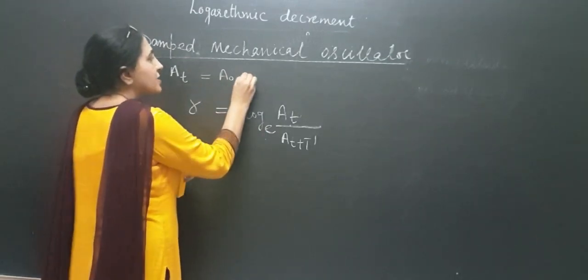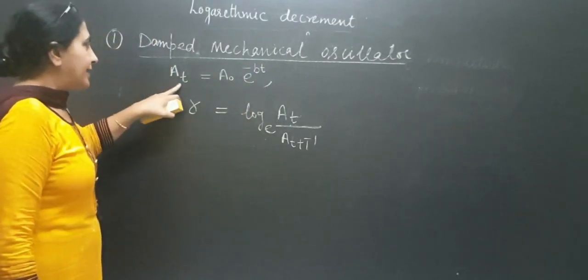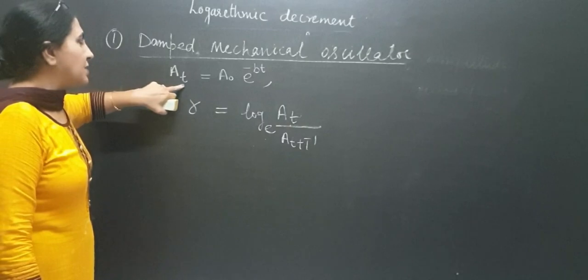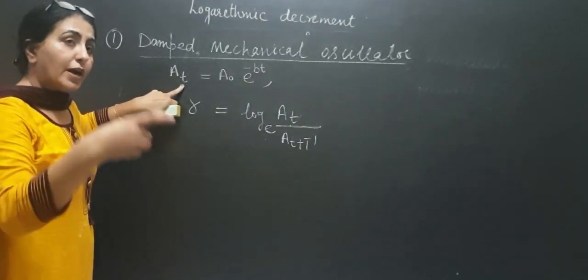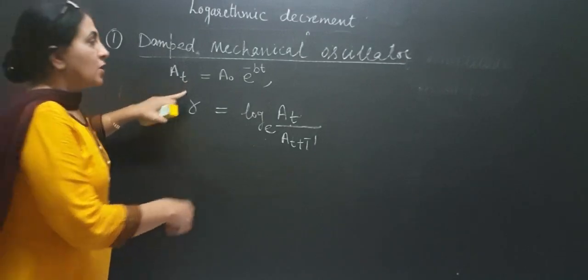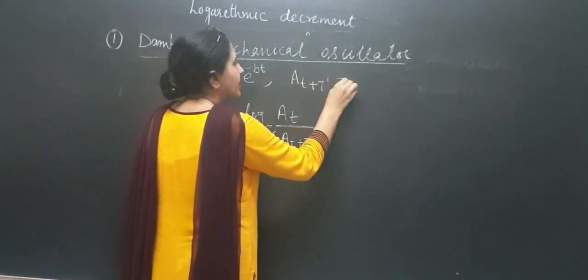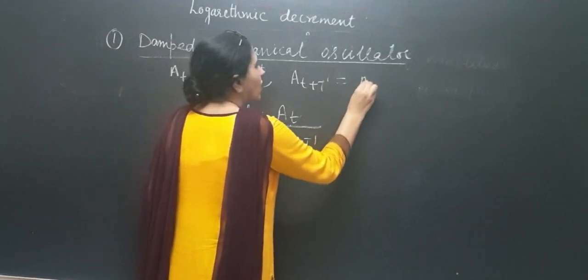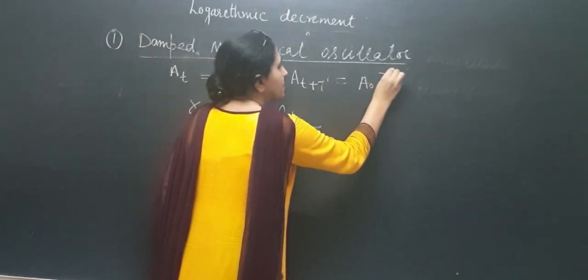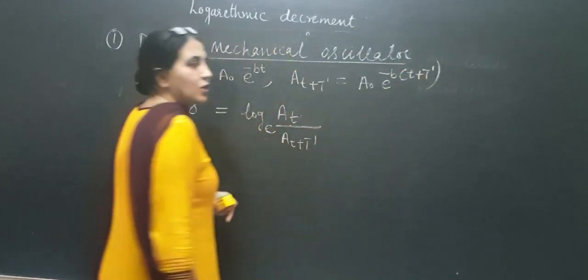And one time period after it means when time is t plus T dash. So A at t plus T dash is equal to A naught e raised to power minus b times t plus T dash.